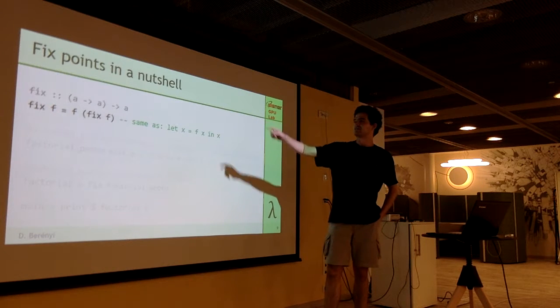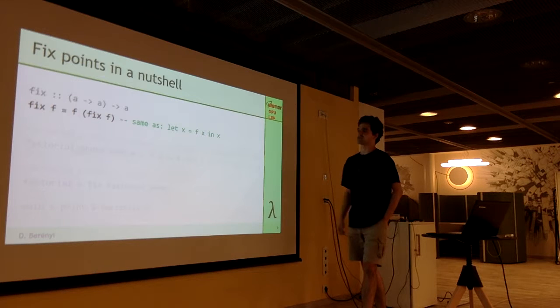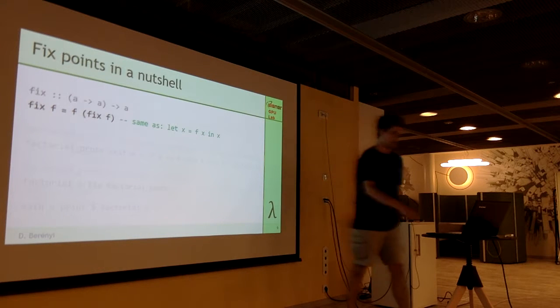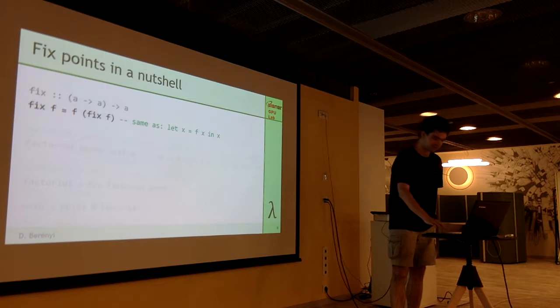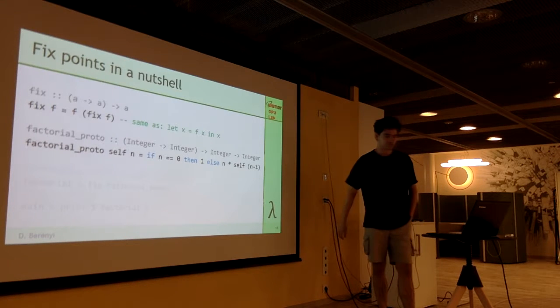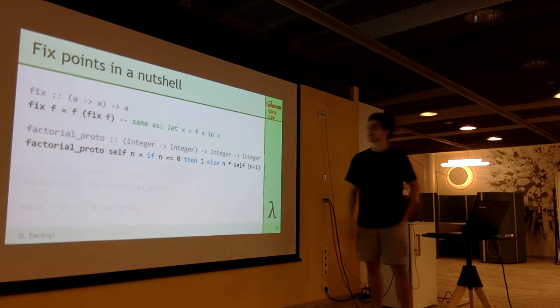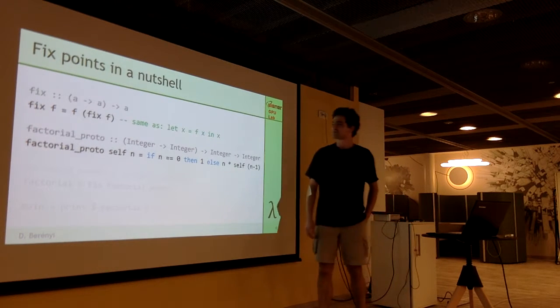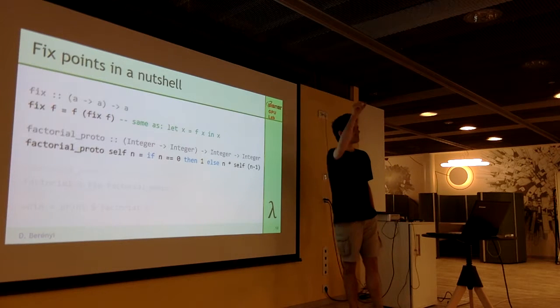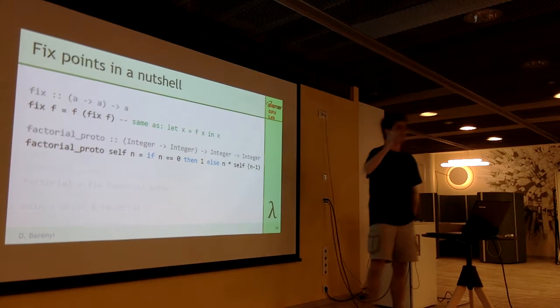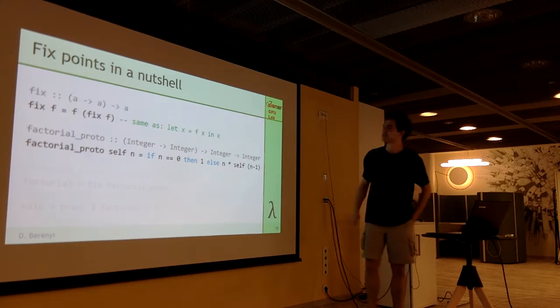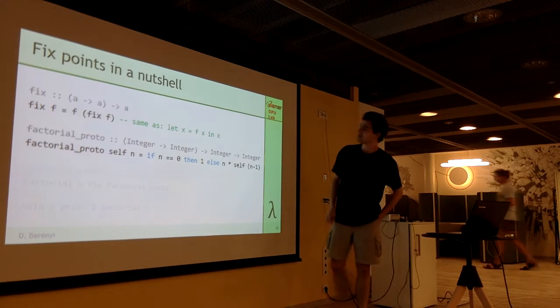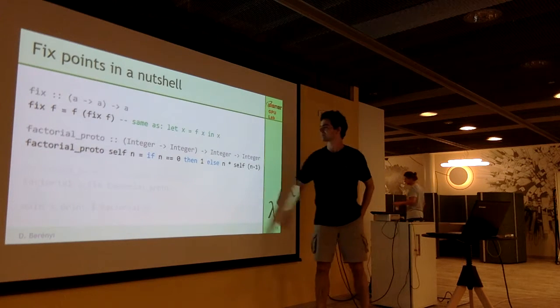You see what it does is really a simple thing. It takes an argument, a function f, and applies it to itself. And if you write it out, it could be repeated forever. Now let's write a factorial function with that by using a factorial proto that really does just one step in the recursion. So it calculates one multiplication of the number n that it was given, if it is not 0.